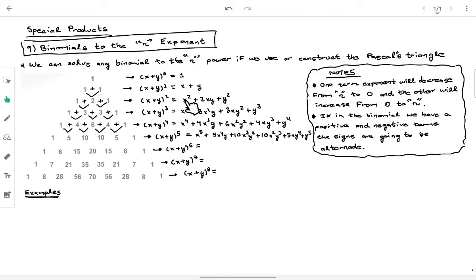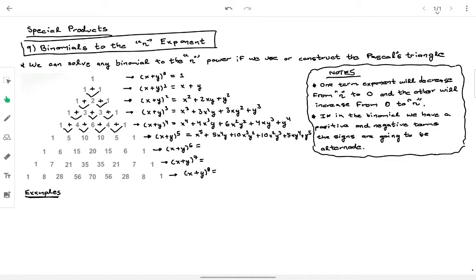In the case of y, we have y to the 0, which is not there, y to the 1, and y to the 2. So let's go with x plus y to the fifth. For x, it's going to be 5, 4, 3, 2, 1, and disappears. In the case of y, it's going to be 0, which is not there, then 1, 2, 3, 4, and 5.